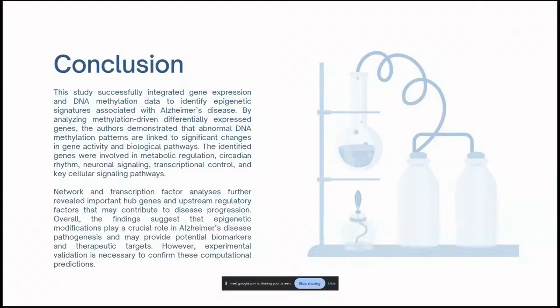It also highlights promising targets for further research in biomarkers and therapeutics. So this study is a strong example of how bioinformatics and epigenetics can be combined to deepen our understanding of complex neurological diseases such as Alzheimer's.